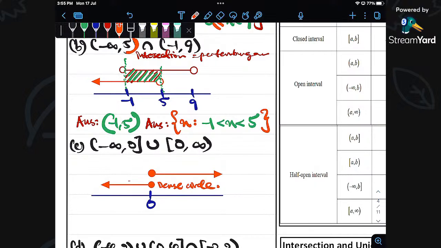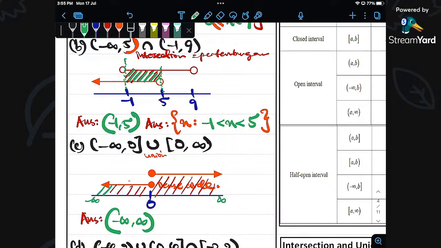And then dia kata union. Union bermaksud kita kena lorek semua. Kita loreklah semua. Therefore, the answer is from negative infinity until infinity. So infinity bermaksud dia ialah dari hujung ke hujung kan?